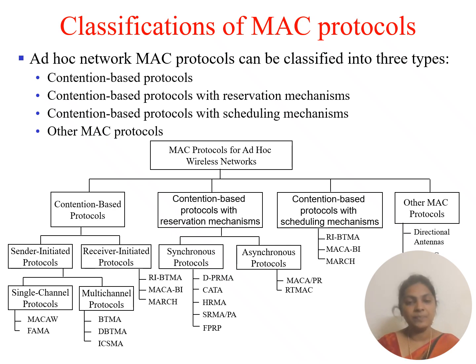Likewise, the stations will be involved in some scheduling mechanisms, and then start the transmission. Apart from these, any other concept comes under the other MAC protocols. That's the fourth category. We are going to learn in detail about all the subcategories of this classification and also some example protocols under each of the categories.